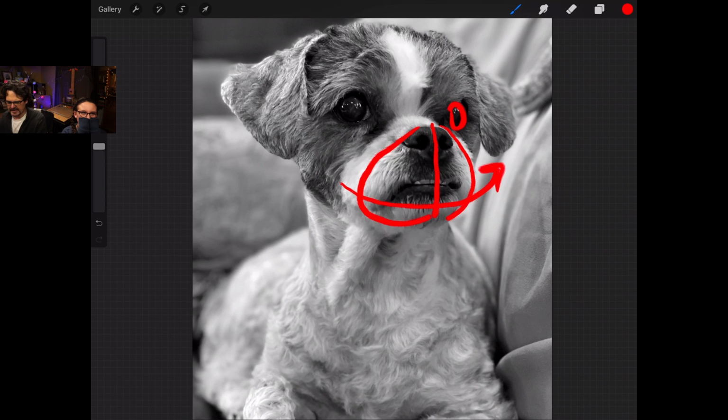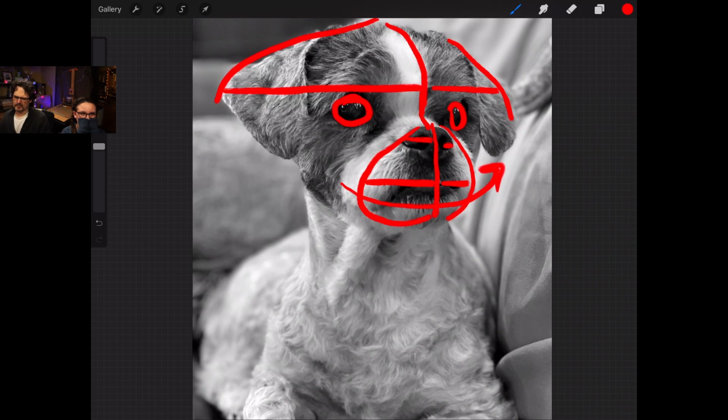Look where this eye is. Look where that eye is, right? Same thing. Can you see how much greater that distance is than that? So don't make them even, because it won't look right. And that just goes for everything. The nose. Okay, so those are some things to look out for.